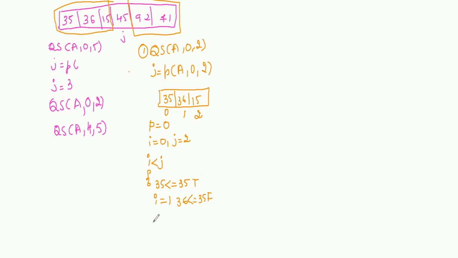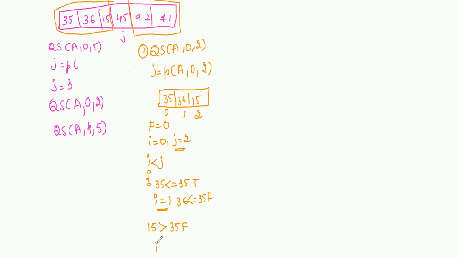Next, we'll go to the jth loop. I'm going to check whether A of j, which is nothing but 15, is greater than the pivot value. My pivot value is 35. This is also failing, as you can see. Since both the conditions have failed, I'm going to check. Remember, the j value is 2, so j is still 2 and i is 1.